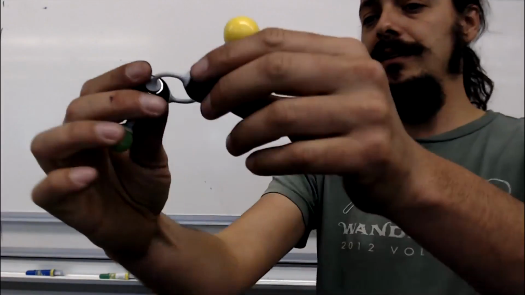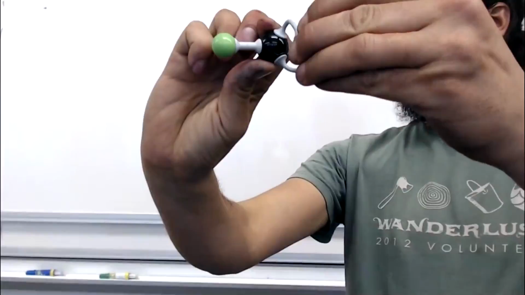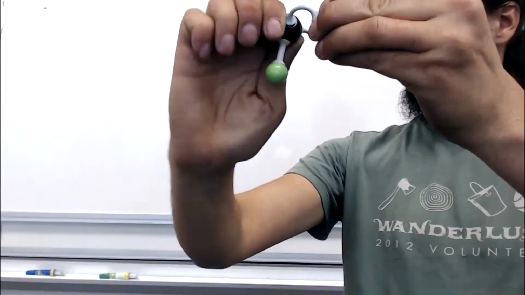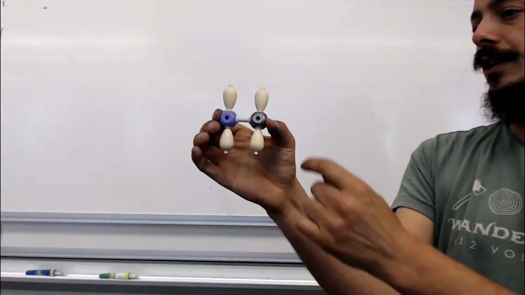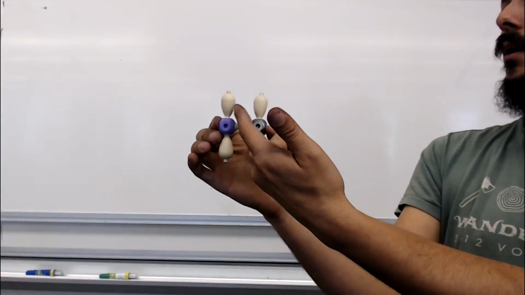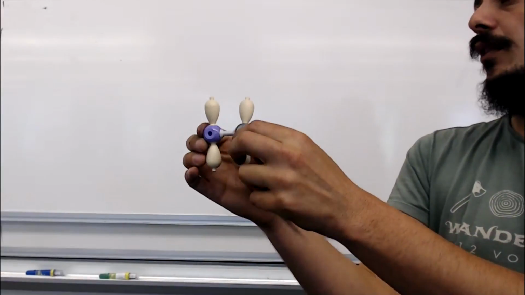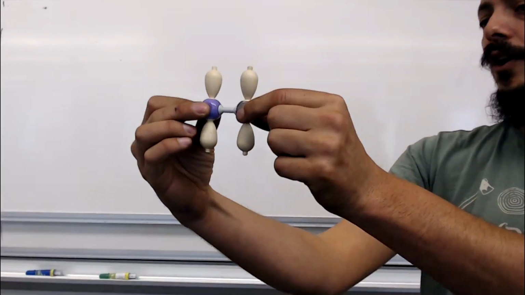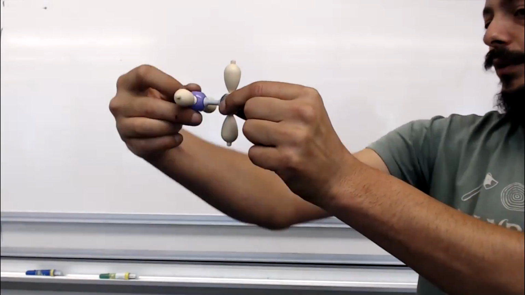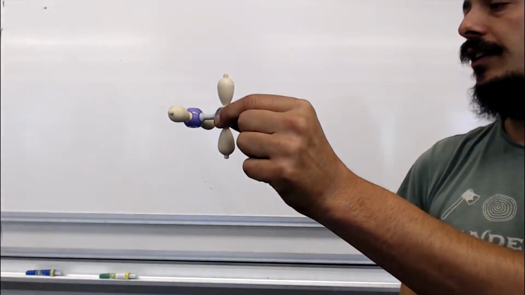If I go to a double bond, the model kits are built so you can't rotate, and you notice that the double bond no longer rotates. The rationale is the orbital interaction: in order to rotate, I would have to ruin the orientation and essentially destroy the bond.